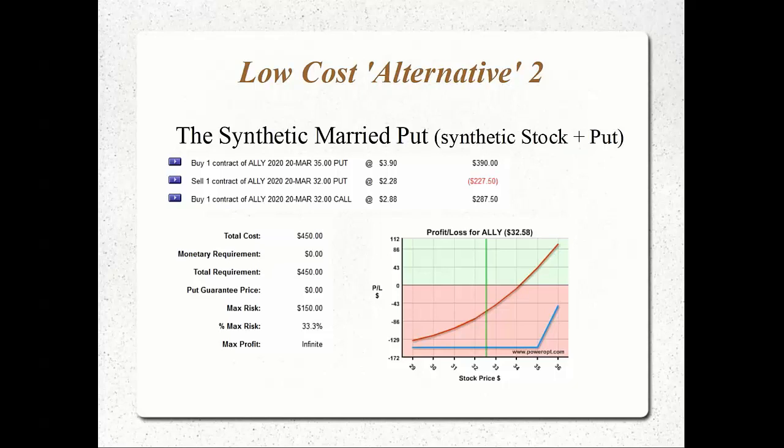Well, how can the same monetary risk be 33.3%? It's because you also have to put up a monetary requirement in this case in addition to the debit. You've got to cover the $3 difference in strike prices from your 35 put to your 32 put in a sense. So there's a margin requirement there as well as the initial cost. So you end up with a 33.3% risk.